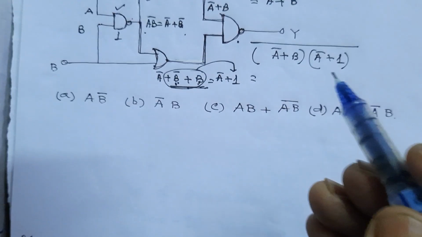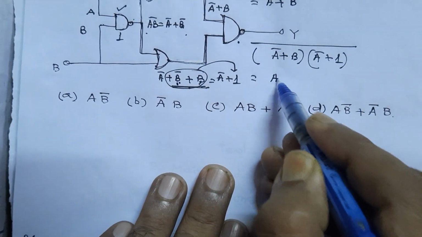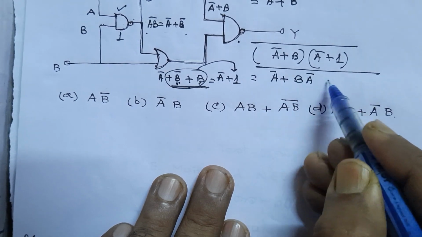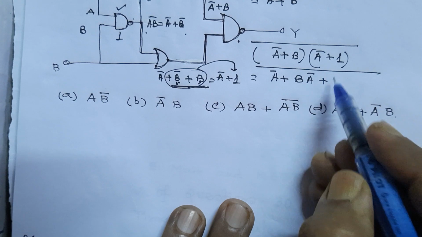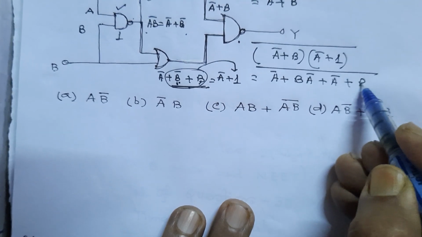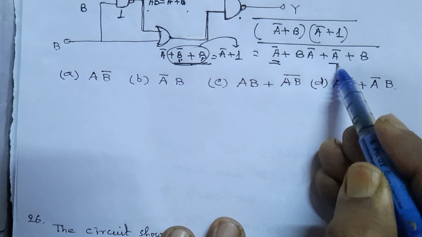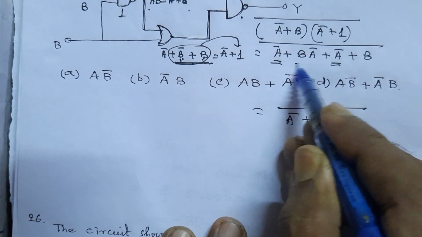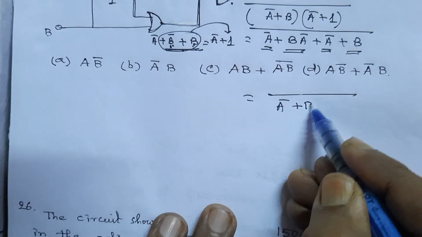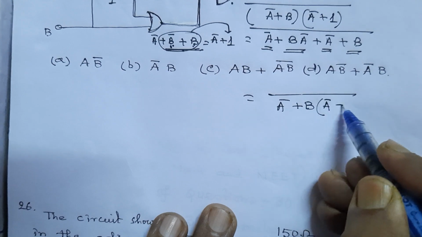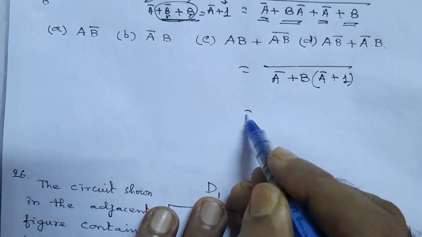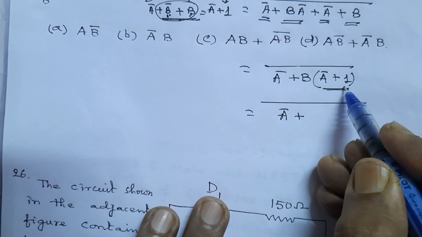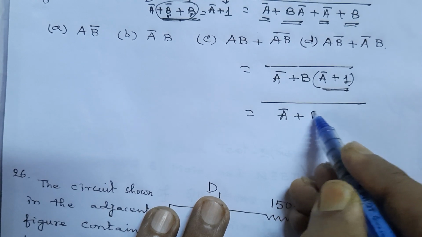You know that A inverse into A inverse, A inverse squared, equals A inverse, plus B into A inverse plus A inverse plus B. Now A inverse plus A inverse, you may write as 1 A inverse, plus B A inverse plus B. Take B as common, A inverse plus 1. Now A inverse plus 1 equals 1. So B into A inverse plus 1 means B.